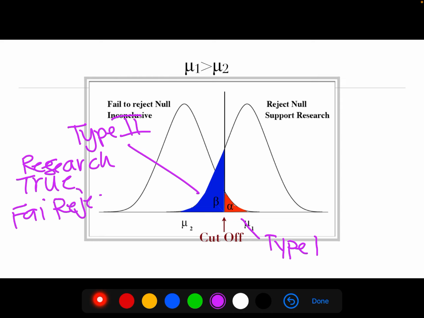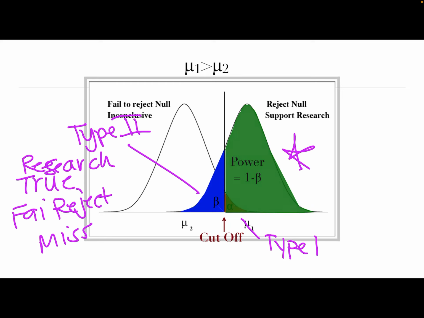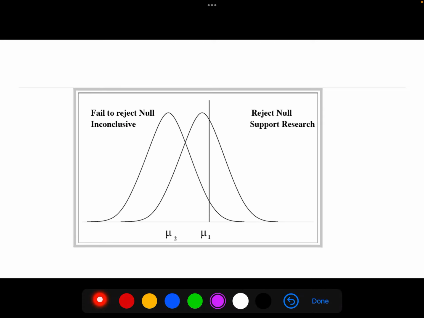So this would be a miss. And here we don't have a lot of risk of making this type 2 error because our effect size is so big. This also means that we have a whole bunch of power, which again is our goal. We want that power. And so we have a lot more power here because this effect size is very large.